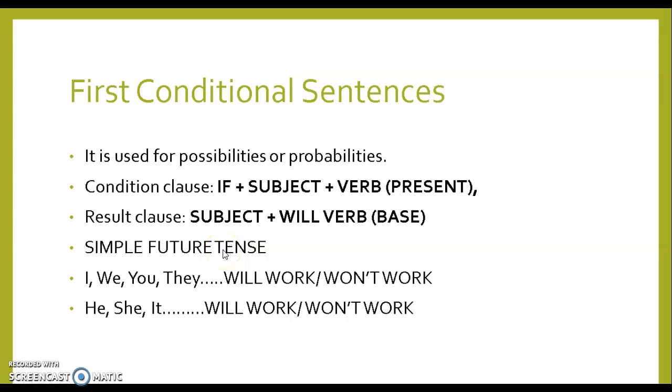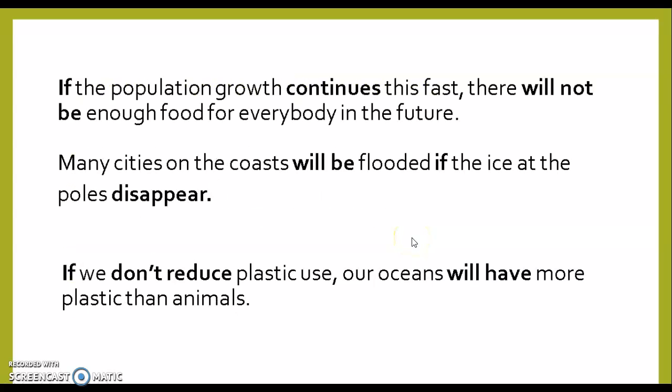Let's remember something about the future. With I, we, you, they, or he, she, it, we have to use will and the verb in the base form. Will work. The negative form is won't work. Very easy. Look at some examples.